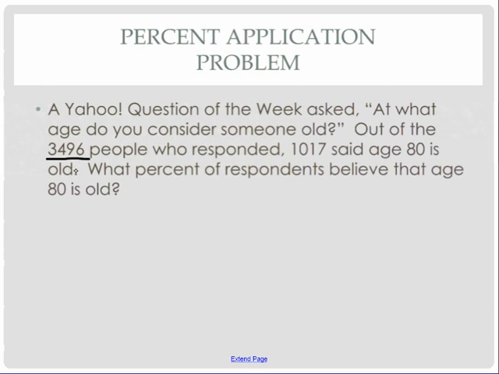Out of the 3,496 people who responded, 1,017 said age 80 is old. So what we're going to do here is take the part that we got, 1,017, and divide it by the total, 3,496.